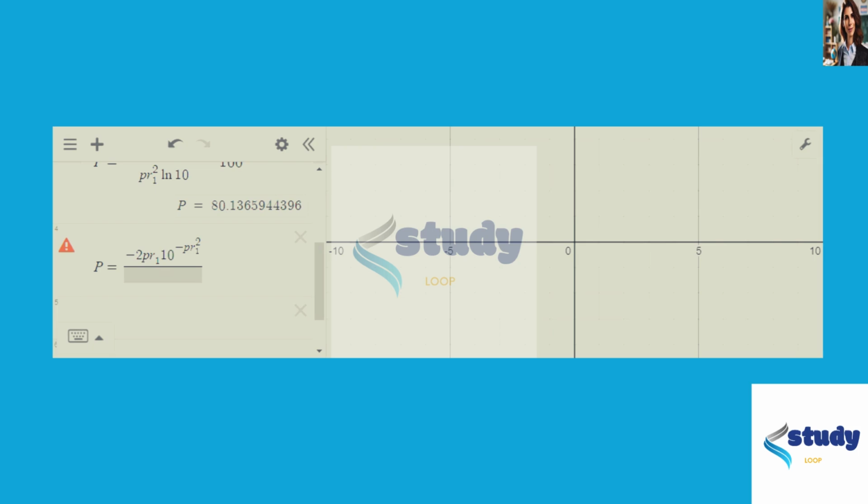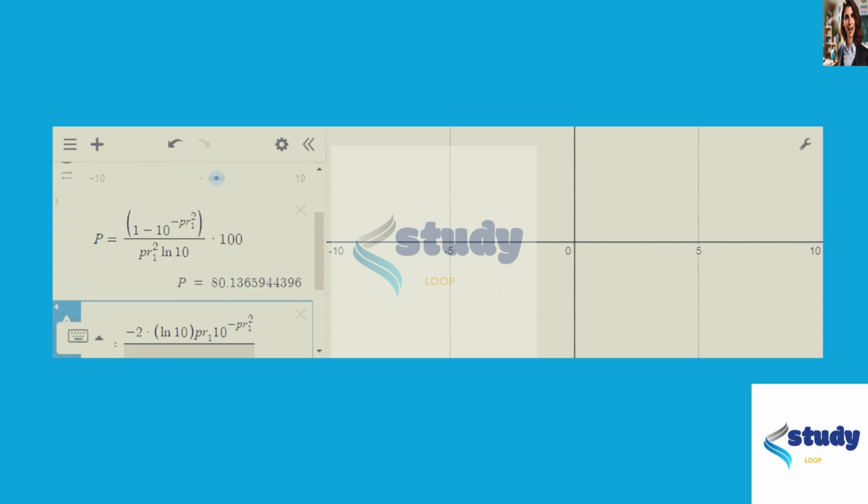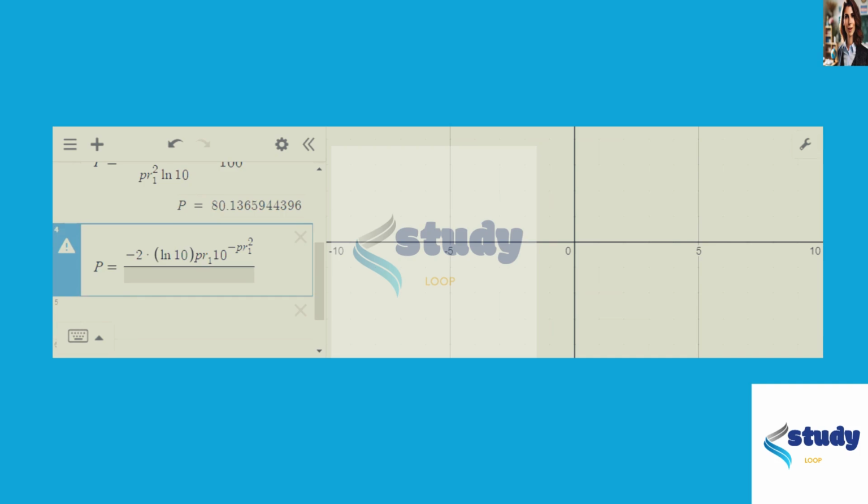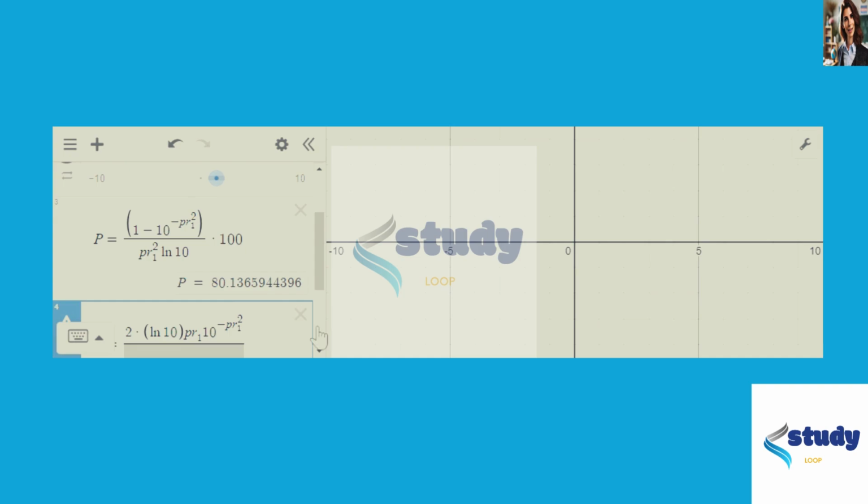Since this was base 10, I also have to multiply by the natural log of 10. So let's think about this again.